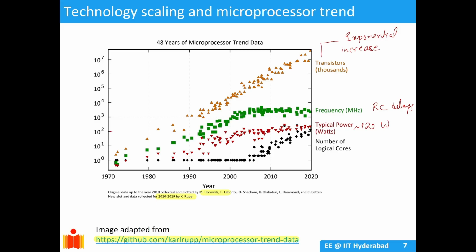Technology scaling and microprocessor trends. So this is the trend. You can see there has been an exponential increase in the transistors, while there has been an increase in frequency, but it has become stagnated, and that is due to RC delays in the circuits.